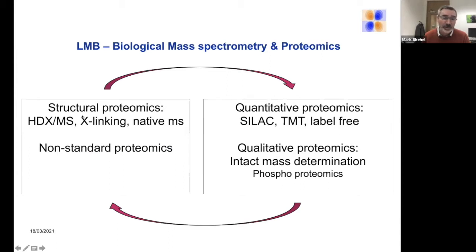Next week, we'll talk about some structural proteomics, HDX, and cross-linking. That essentially is how the lab at the moment is divided. Sarah works on the structural stuff, and Sue and Frida work on the quantitative side of things.